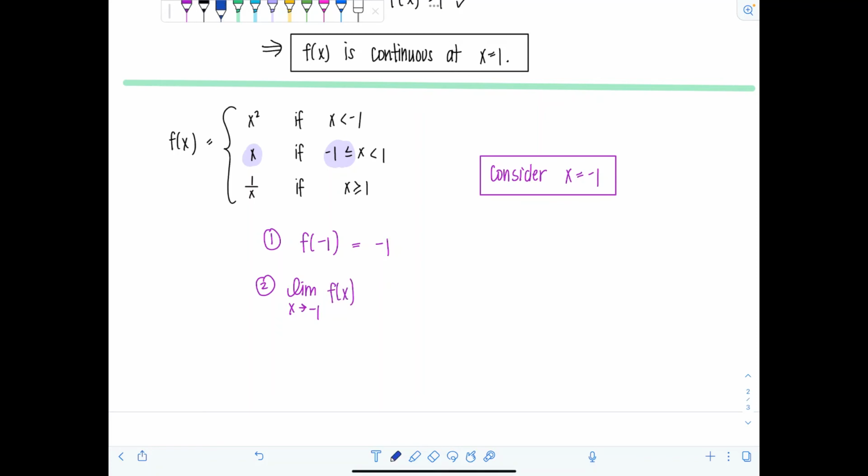And I need to check the limit from the left and from the right. So let's see. The limit as x approaches -1 from the left. So from the left of -1 means we're coming from values smaller than -1. So I'm going to use x squared as my function. So this is the limit as x approaches -1 from the left of x squared, and then now I just substitute it in and I get positive 1.